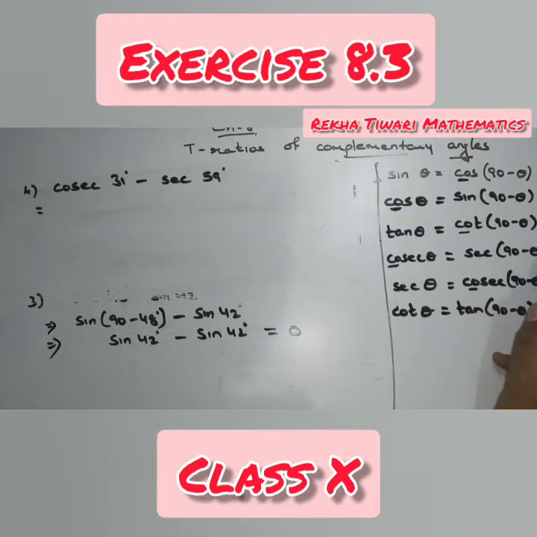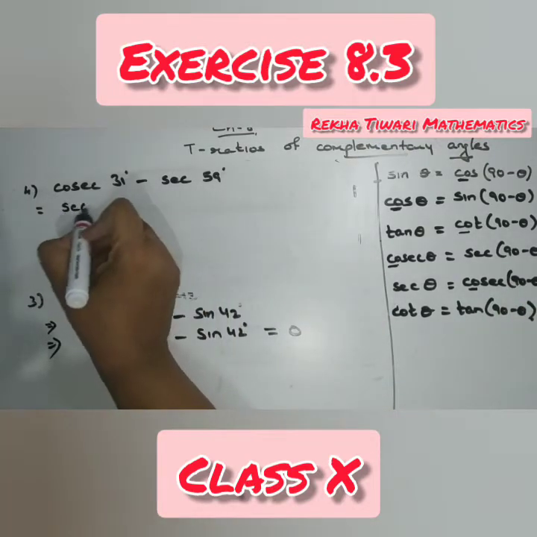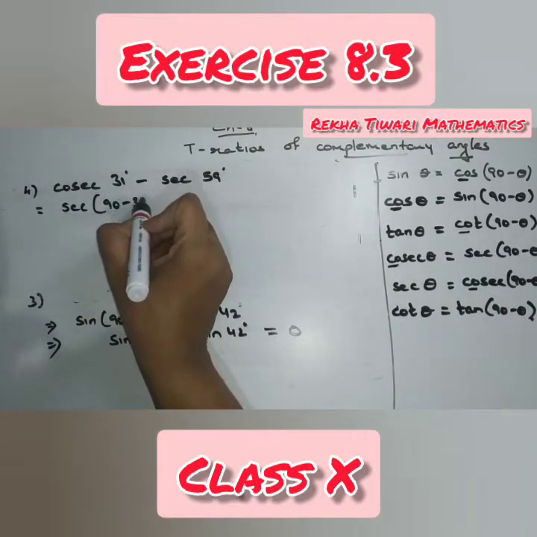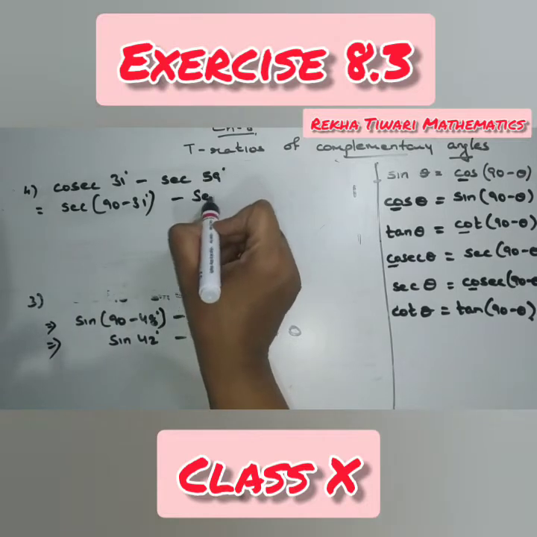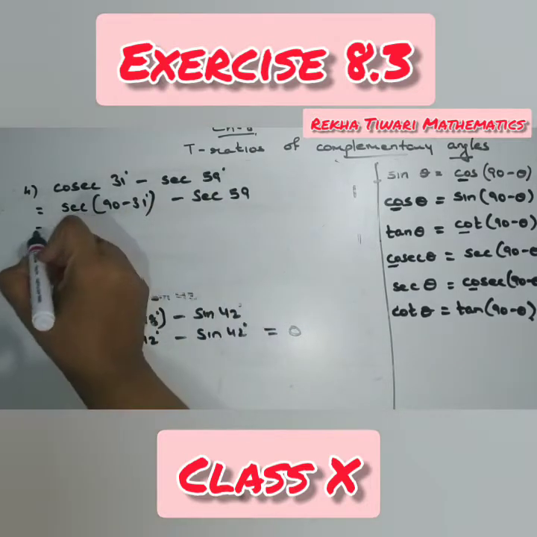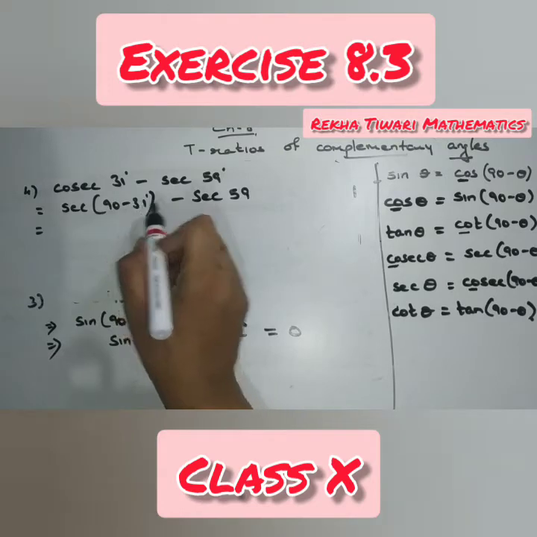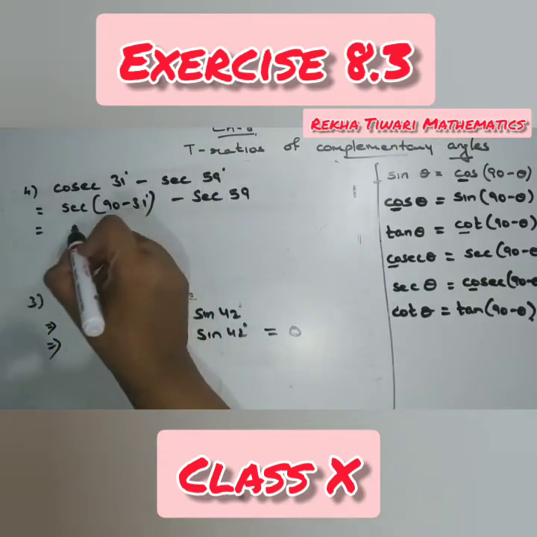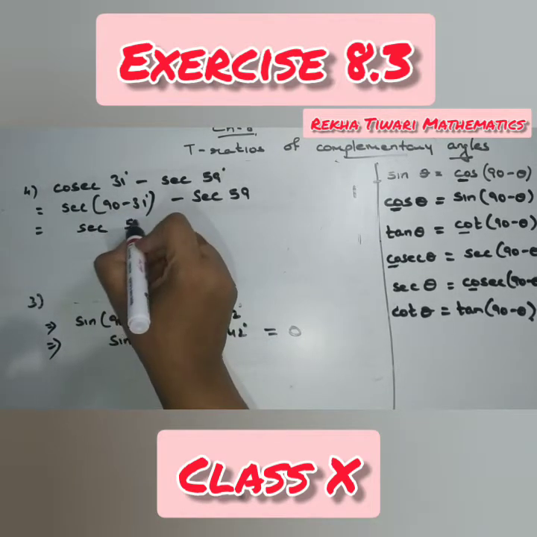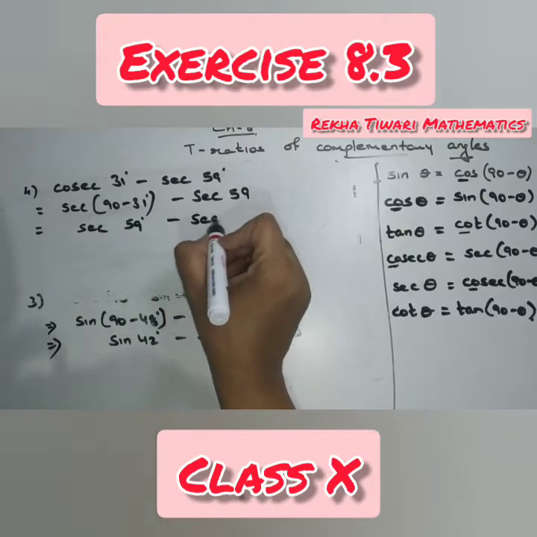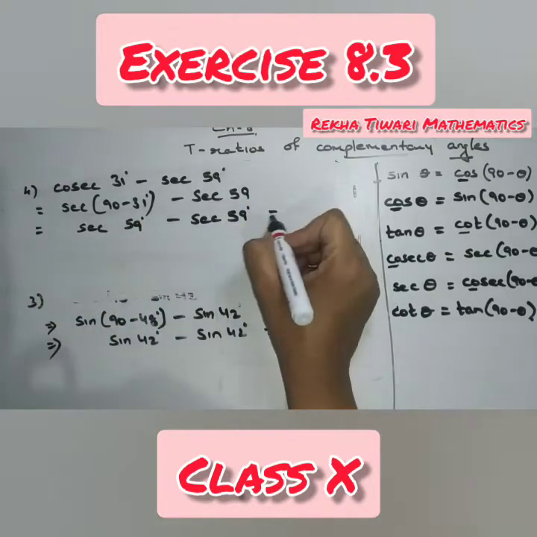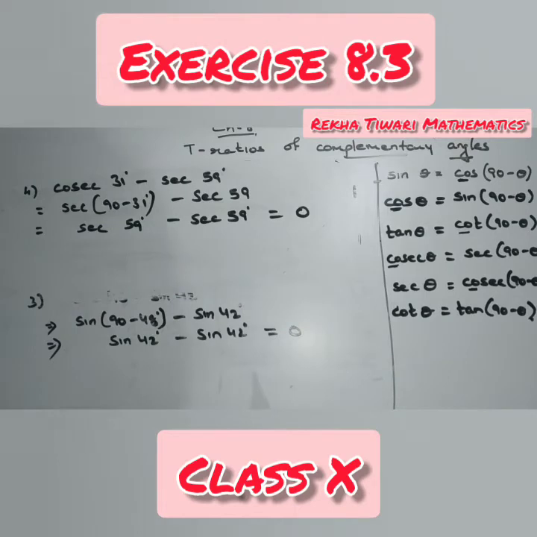Cosec theta is what? Sec 90 minus theta. So write down sec 90 minus 31 degree. Leave this part as it is. What is 90 minus 31? It comes out to be 59. So this is sec 59 degree minus sec 59 degree. Comes out to be 0.